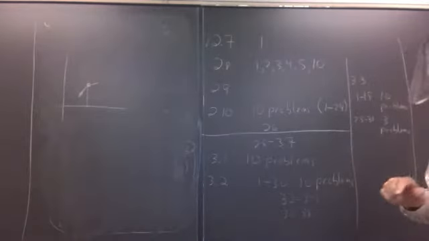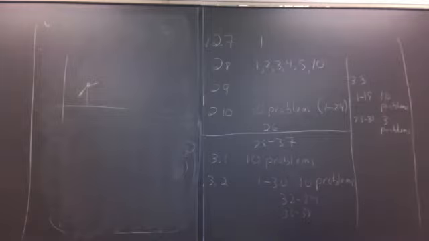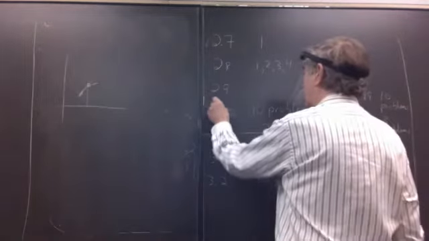2.10, in the homework, I wanted you to do 10 problems. What I'm calling 2.10, the author calls review. So I shouldn't call it 2.10, I ought to call it review.